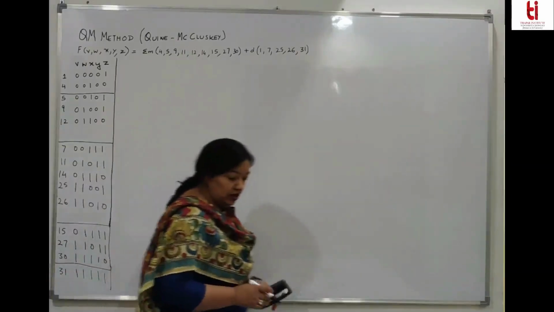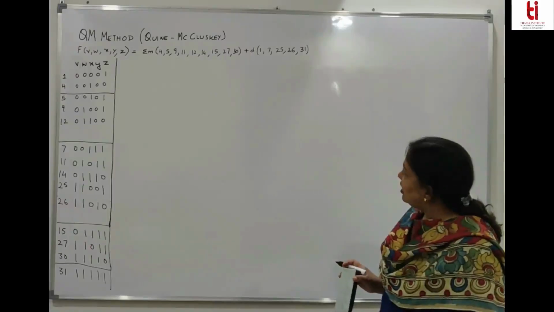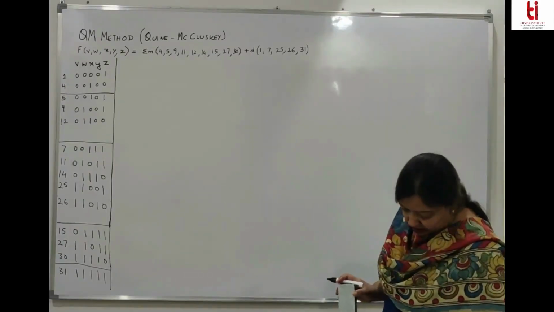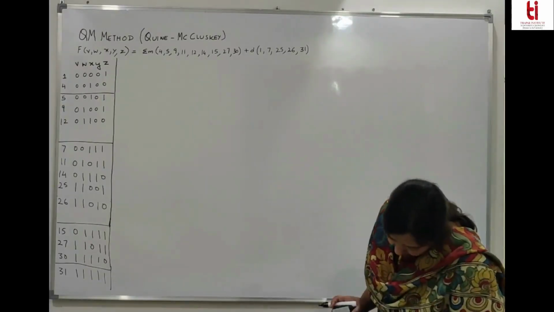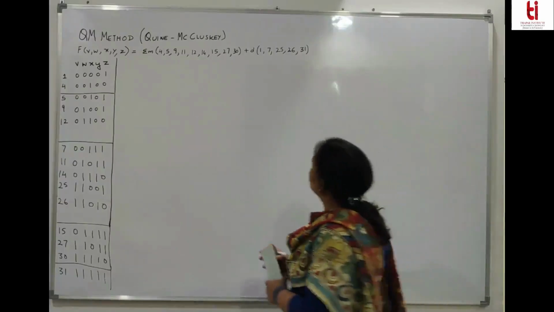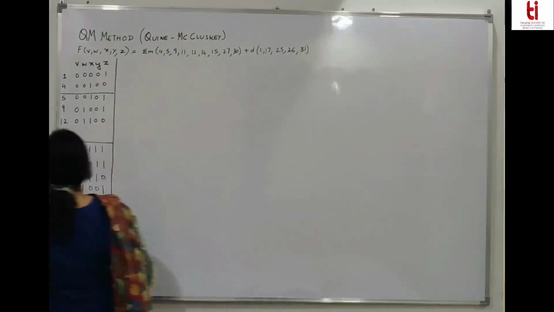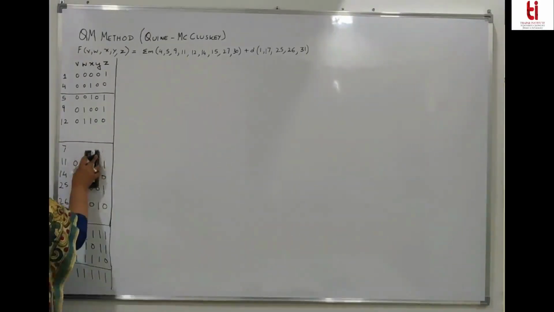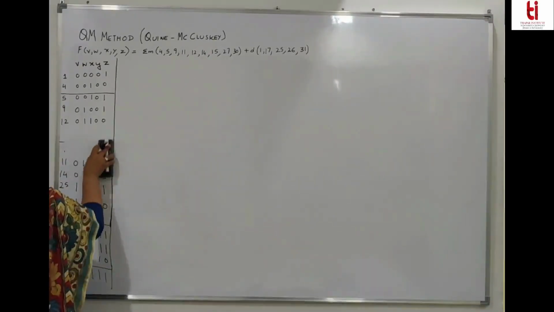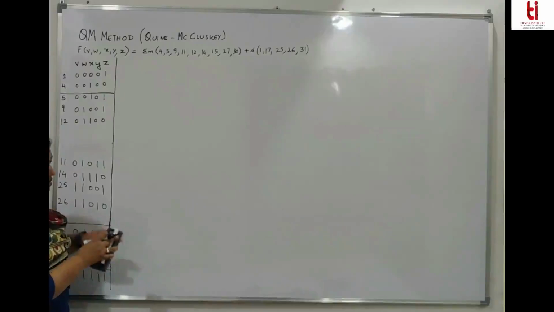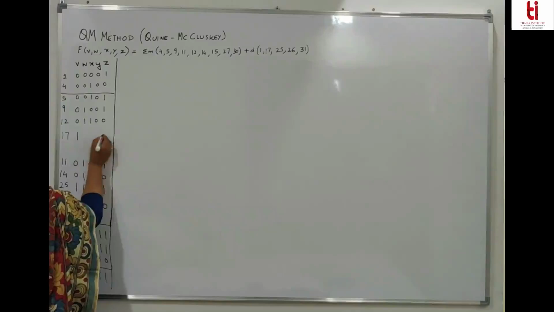Can you see? So we have 1, 4, 5, 9, 12. Then not 7, we have 17. I think I put it wrongly. What is 17? I don't have 7. 17 is 16 plus 1.